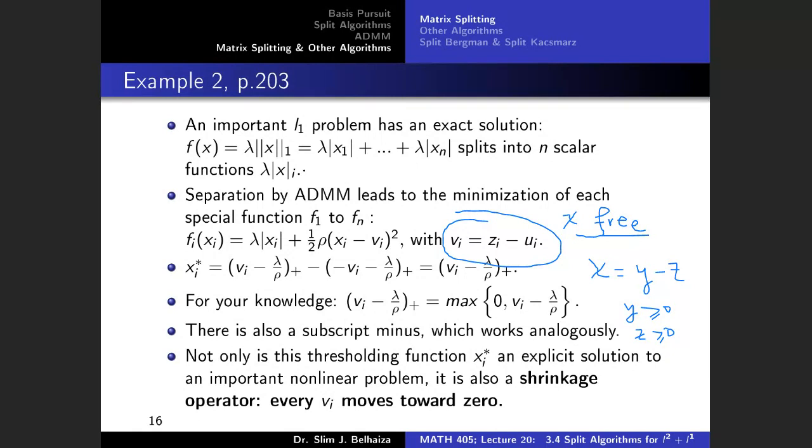Not only does this thresholding function have an explicit solution that we found, but in fact it is an important solution to an important nonlinear problem, which is this one. It's also a shrinkage operator where every v_i moves towards 0. Shrinkage is very important in statistics when we talk about the lasso optimization in the least squares.